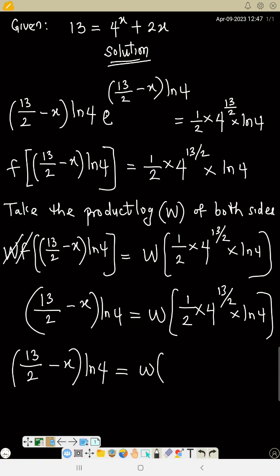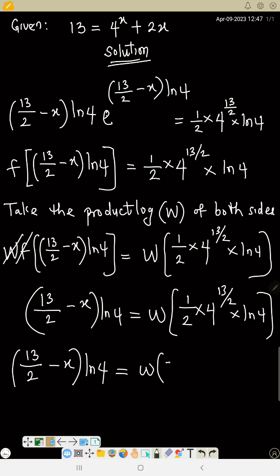Press your calculator: 1 over 2 times 4 raised to power 13 over 2 times ln 4.